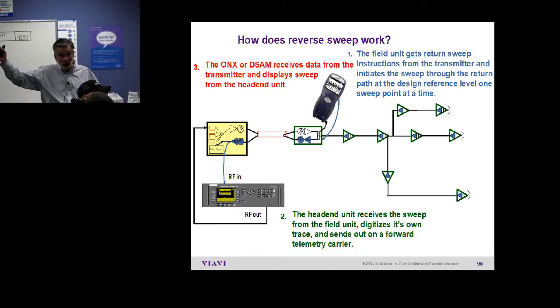Okay, so the meter injects the sweep points into the system, goes backwards through our optics, goes into the head-end transmitter. The head-end transmitter looks at its own sweep trace, digitizes it, puts it on a telemetry carrier, and the telemetry carrier carries the sweep trace back out to the field unit so that you can see.